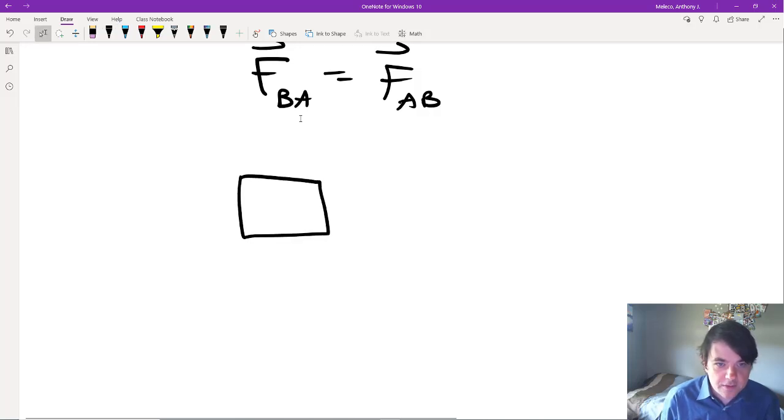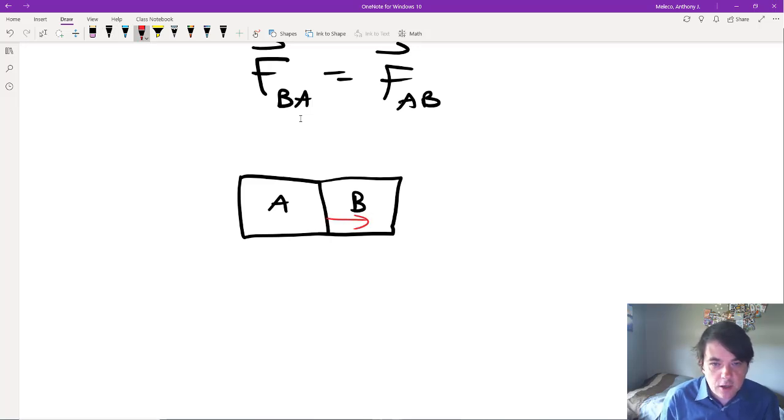You have a box, and you have another box. This is box A, this is box B. Box A pushes on box B. This is the force on B by A. In doing that, B exerts an equal and opposite force in the other direction. This is the force on A by B, and they're in opposite directions.